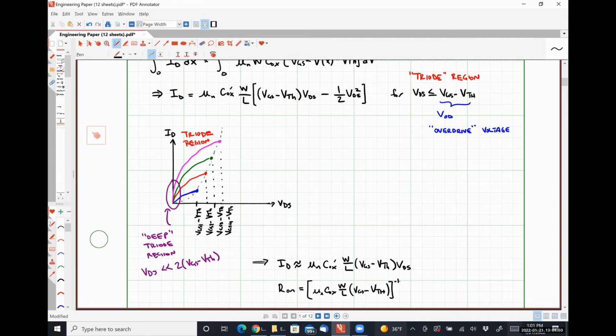The resistance of a section of N-well material, so that's just effectively doped N-type material, typically on the order of several hundred ohms per square.